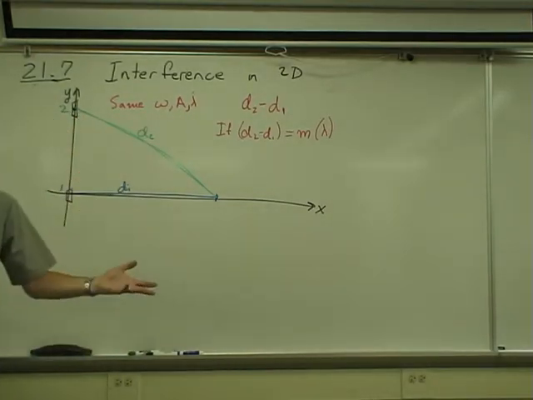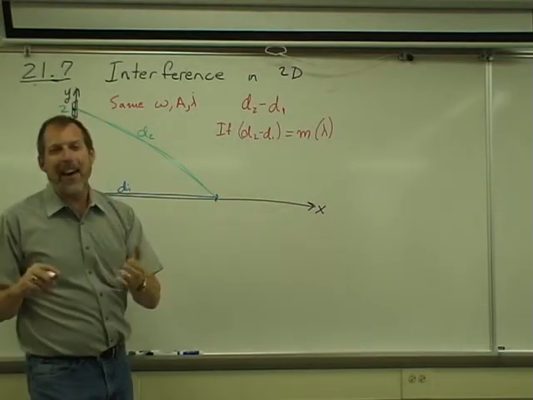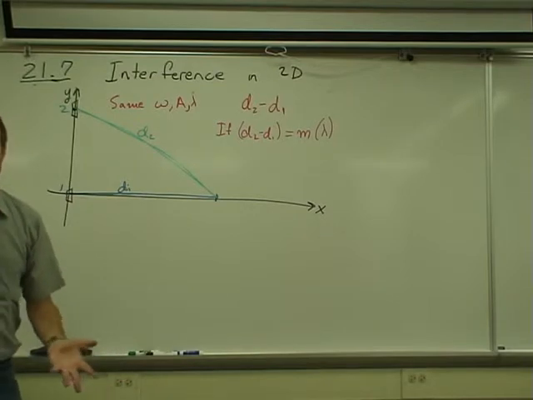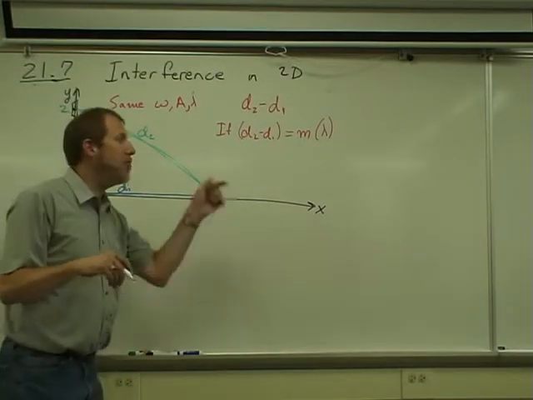We could use this with two different waves, and we would still be looking at these cases, but we'd be looking in terms of phase. We're not going to get quite that involved in this class. This will be enough fun.